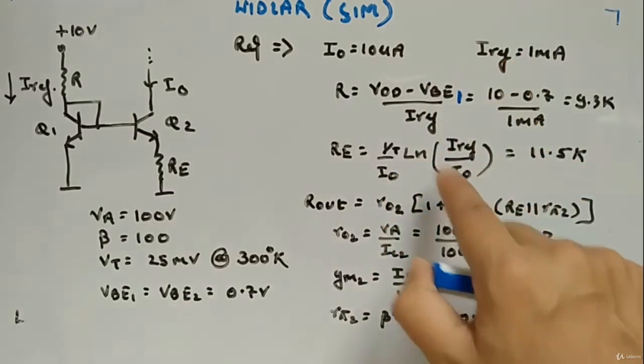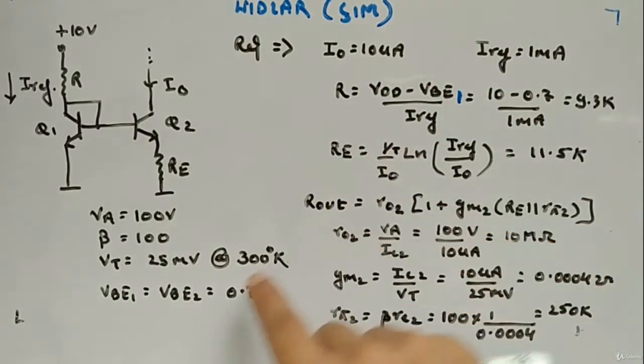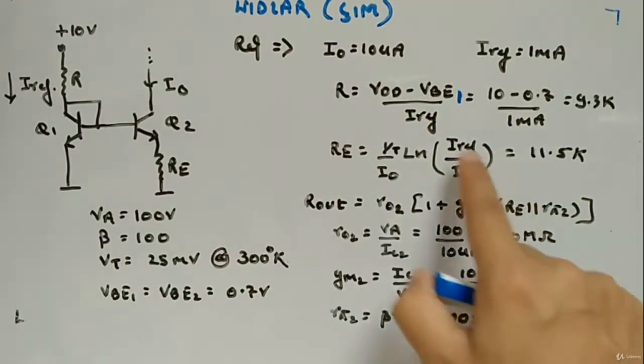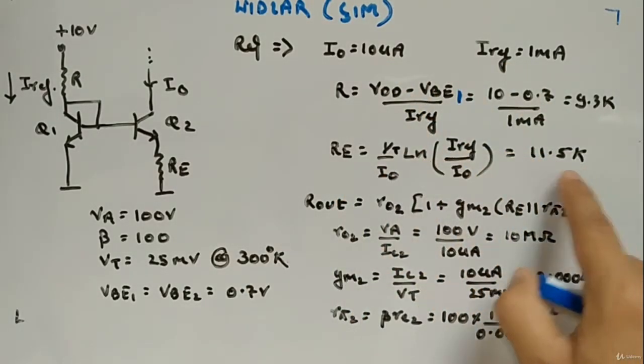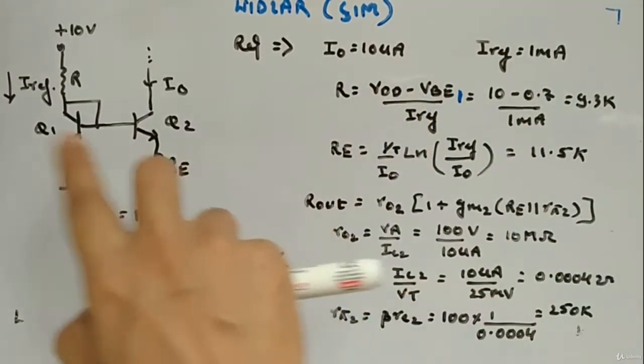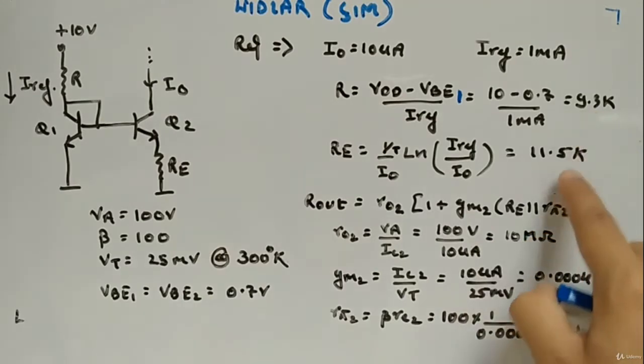IREF is 1 milliampere, I naught is 10 microampere, VT is 25 millivolt. If you plug in the values, you will get 11.5 K, the value of RE. So for this requirement, you have the values of R and RE.